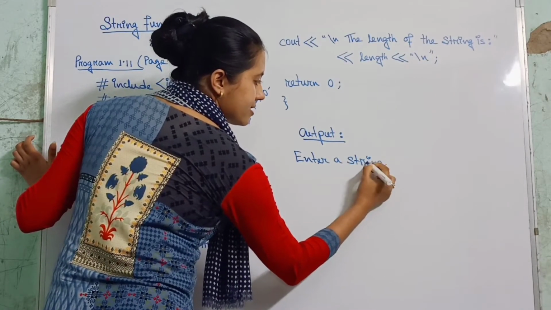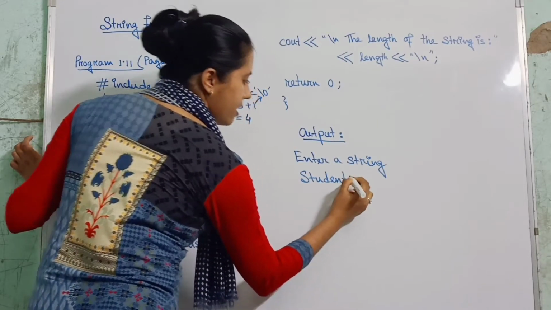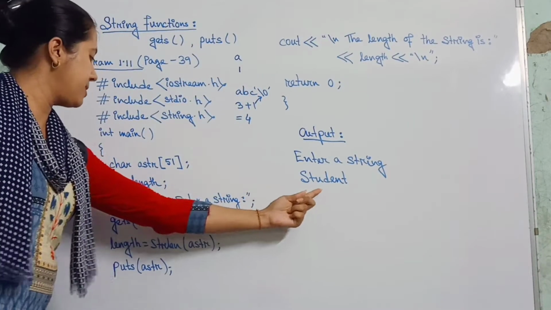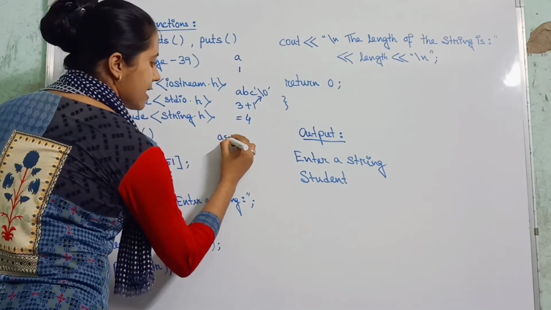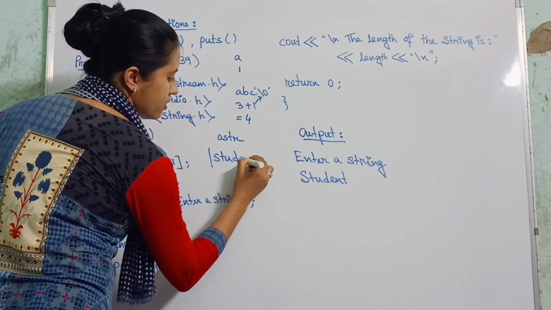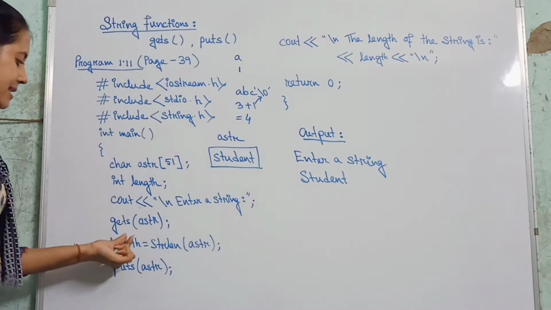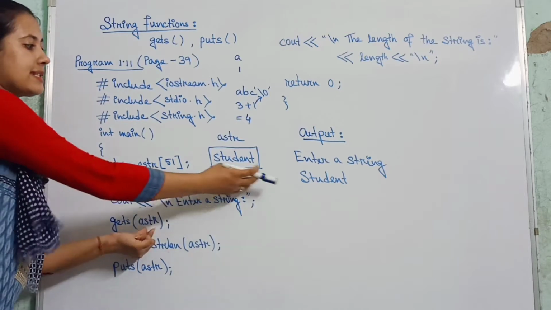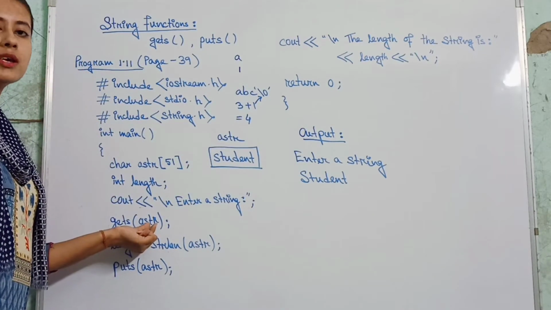Suppose I have entered the string student. So this student will be stored where? In astr. This astr will store the value student.